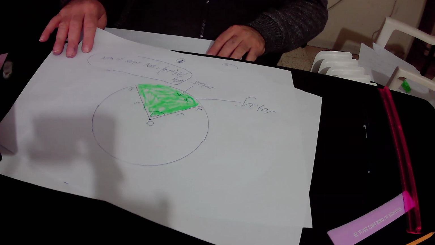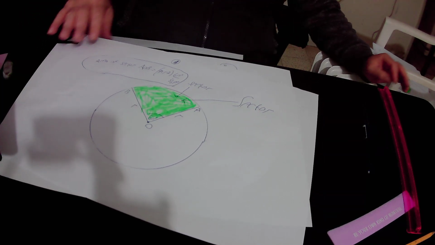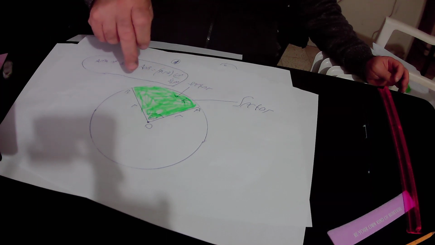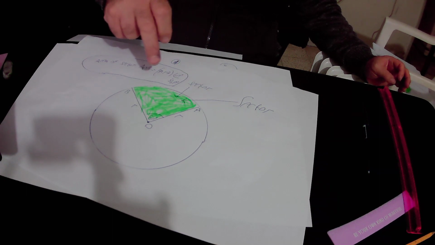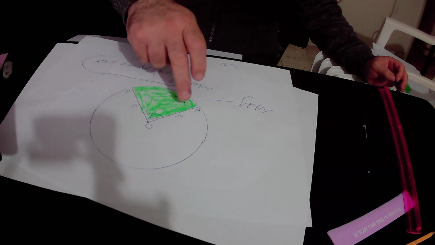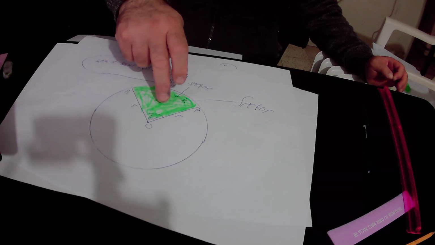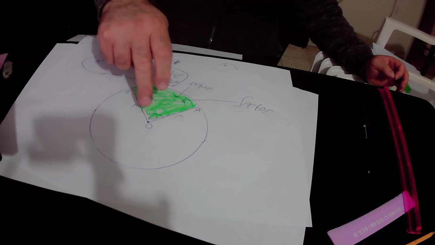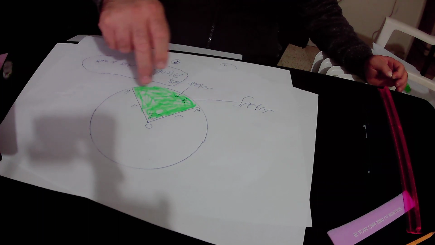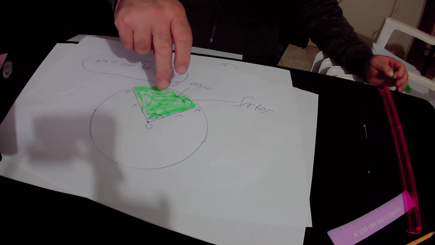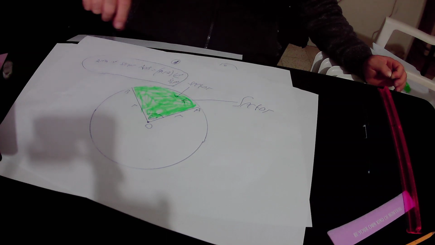The area that is bound by 2 radii and the arc between those 2 radii is defined as a sector. So the area of this green shape is the area bound between radius AO, radius OB and arc AB, which is the area of sector AOB.